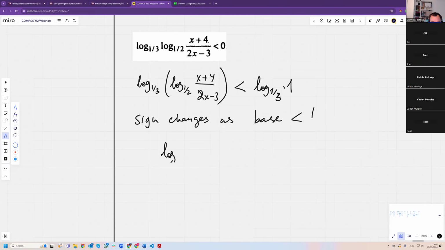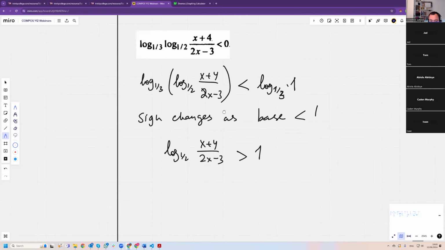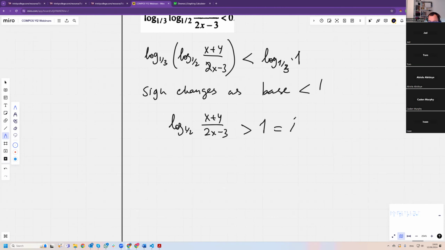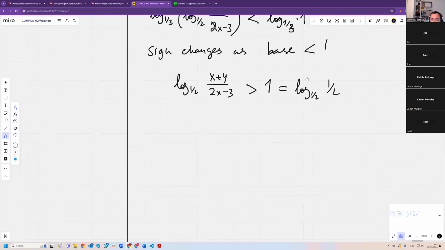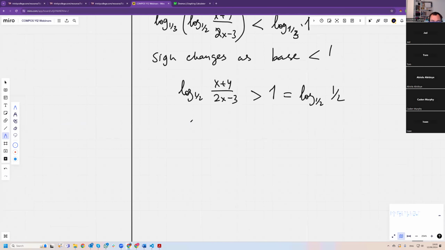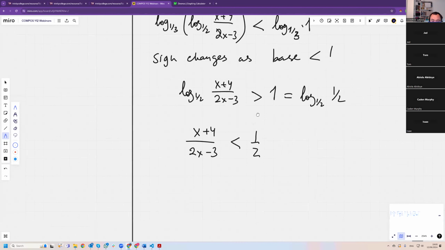Therefore, we have log 1/2 of (x plus 4) over (2x minus 3) greater than 1. And 1 can be expressed as log 1/2 of 1/2. And then again, the base is less than 1, so the sign changes again. So it's going to be (x plus 4) over (2x minus 3) less than 1/2.